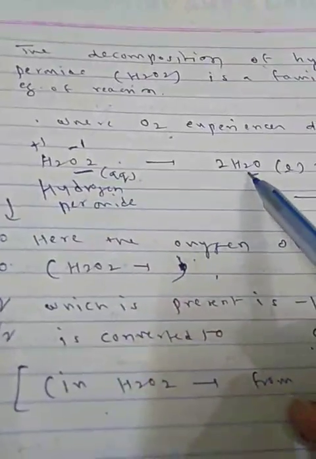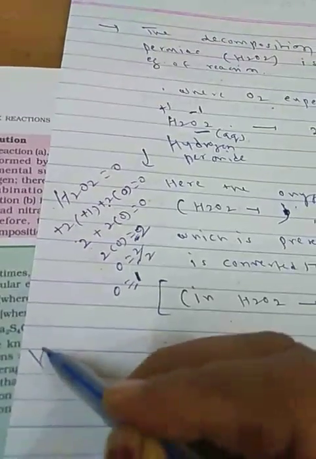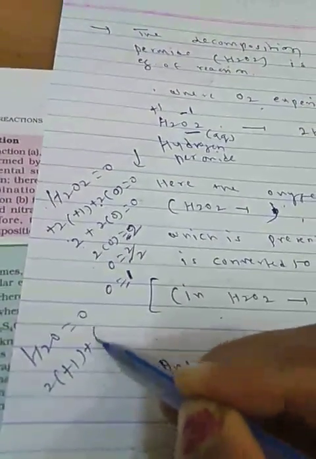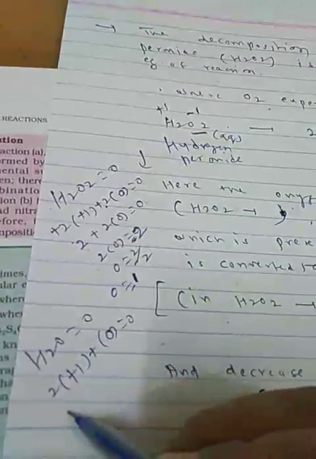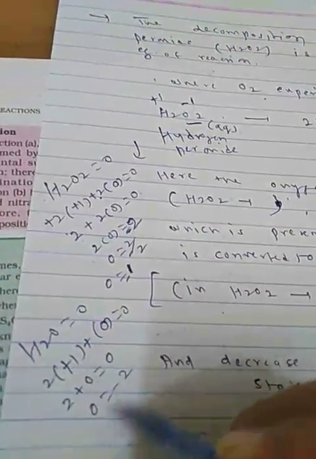And it decreases to the -2 oxidation state in H2O. In H2O2 it is -1 already, and in H2O I am showing you the oxidation state of oxygen. H2O is equal to 0: 2 times plus 1 plus O is equal to 0, so O is equal to -2.